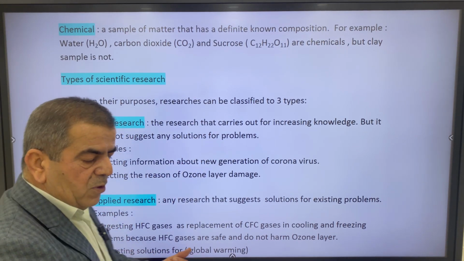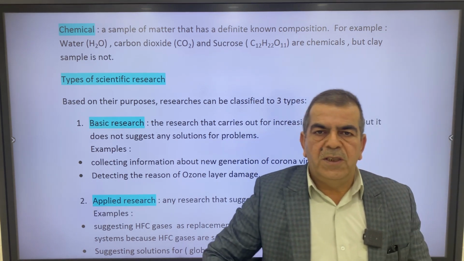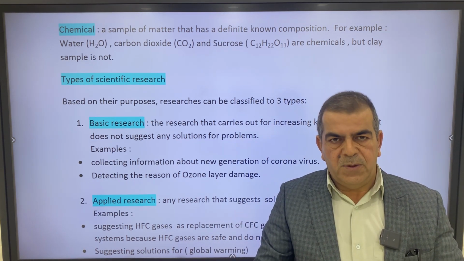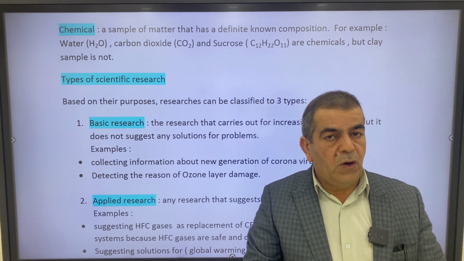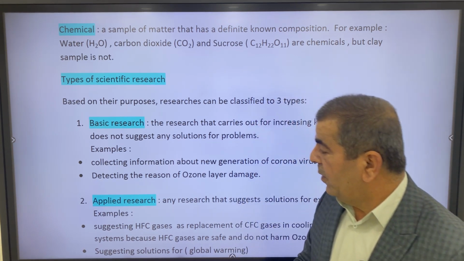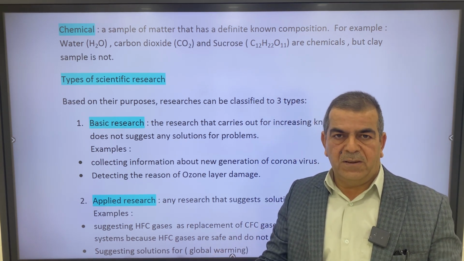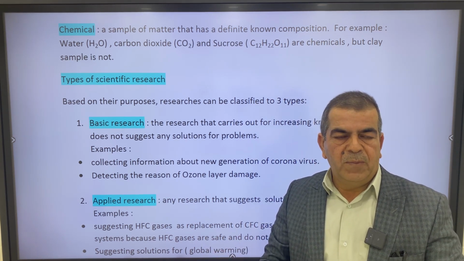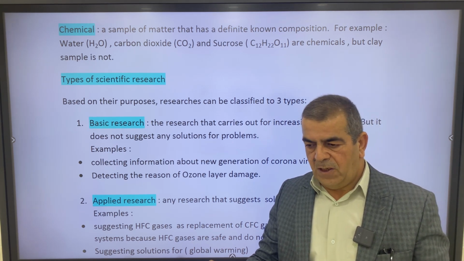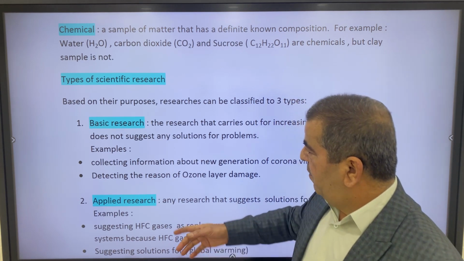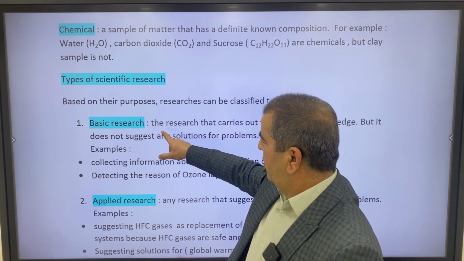There are many types of scientific research, but actually they can be classified into 3 main types. According to what? Depending on what? Depending on the target, the aim, the goal, why it is being done. Why should we do this research? So the first type of research is basic research.